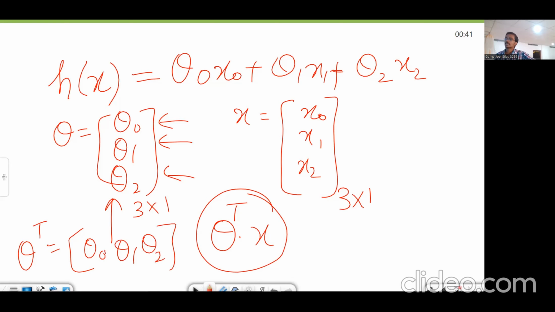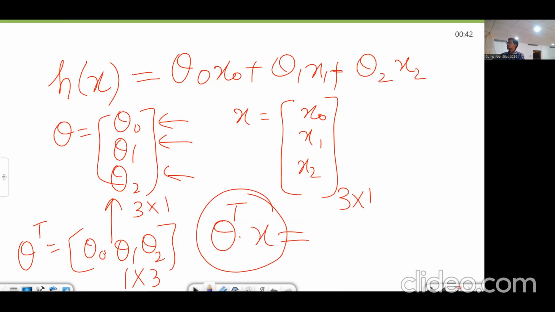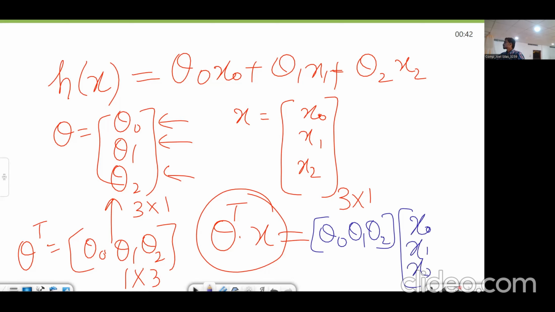And now the size has become 1 row, 3 columns. I hope you understand these basic calculations done in matrices. So theta transpose into x will be theta transpose, theta 0, theta 1, theta 2, into x, that is x0, x1, x2.